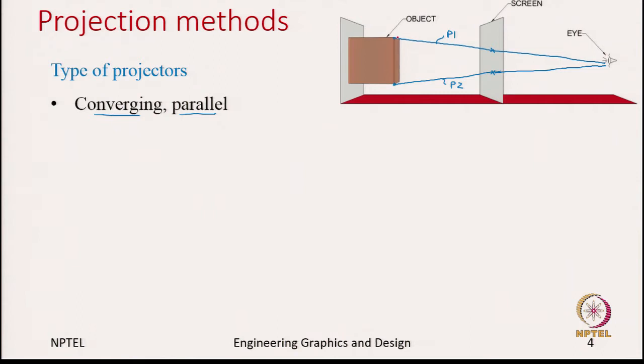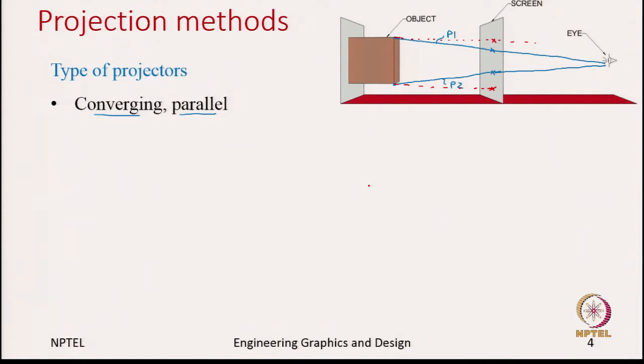These projector lines usually look parallel because the observer is at a very far off distance, and they intersect at two different points. So, depending on the position of the observer, you can have either converging projector lines or parallel projector lines.